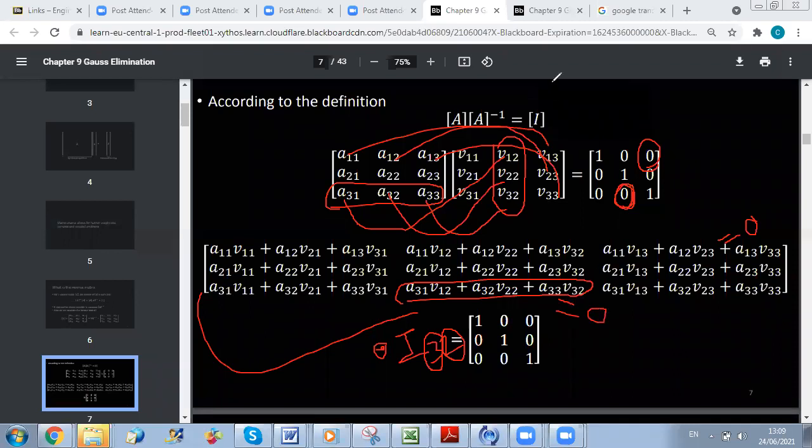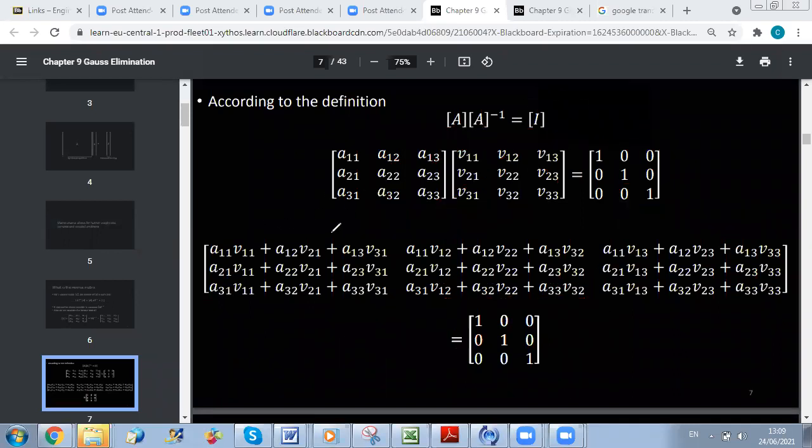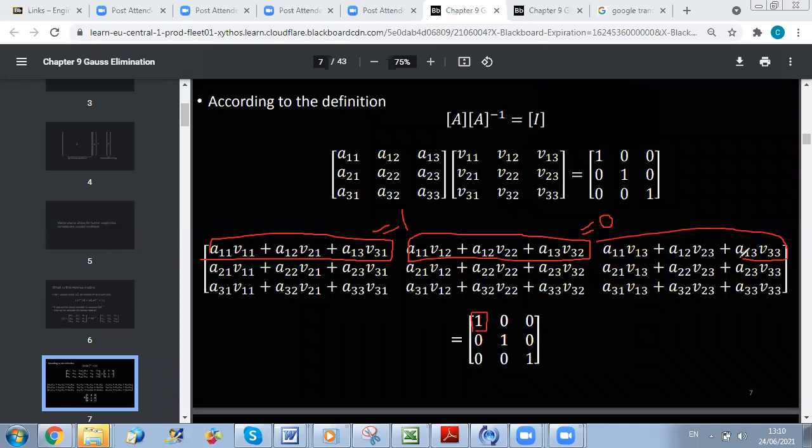When you perform the full expansion, you will get 9 equations, because each term here is equal to the corresponding term of the identity matrix. Equation 1 is that this term is equal to 1. Equation 2 is that this term is equal to 0. Equation 3 is 0. The fourth equation is 0.